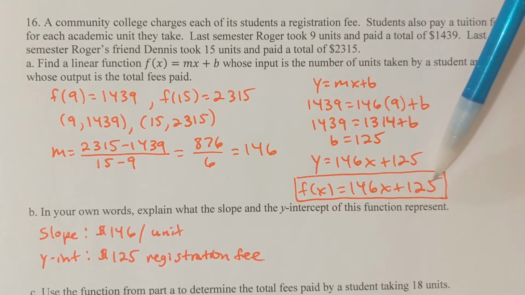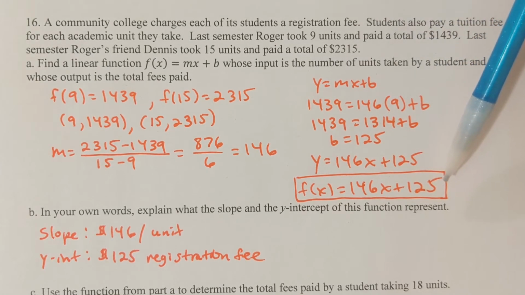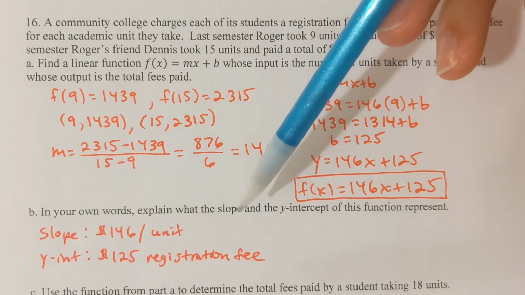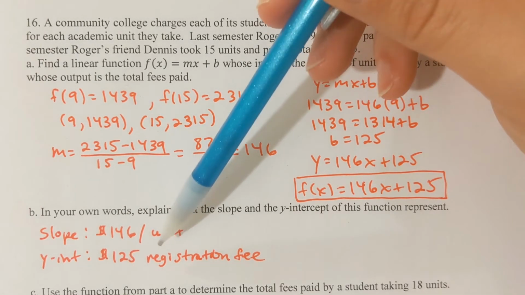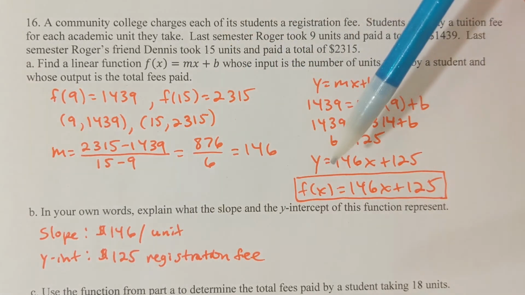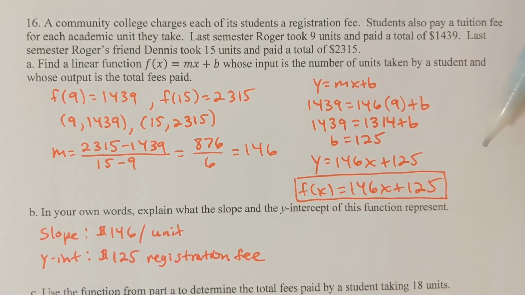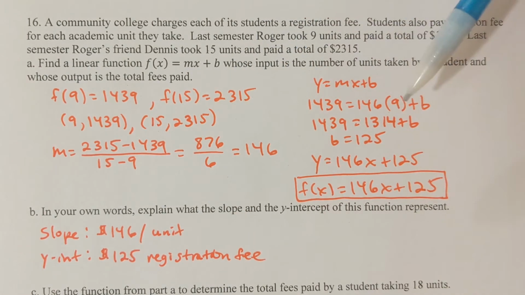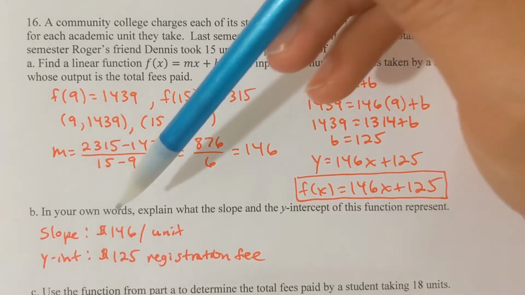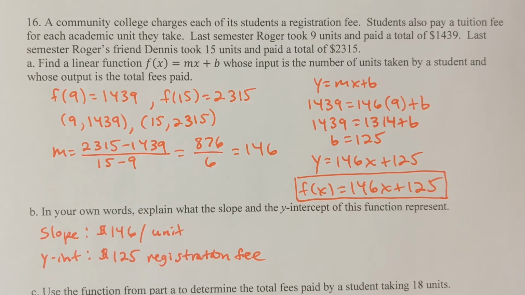It's $125 up front. Okay, so in order to begin registering, you need to pay the fee of $125. Once you've paid that fee, then you can plan to get your schedule ready, and it'd be $146 per unit that you're taking.